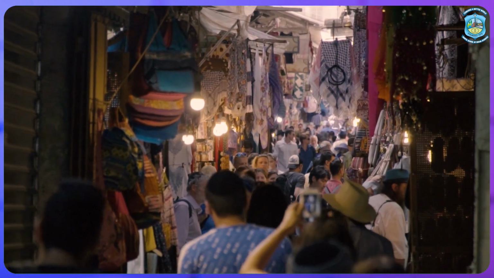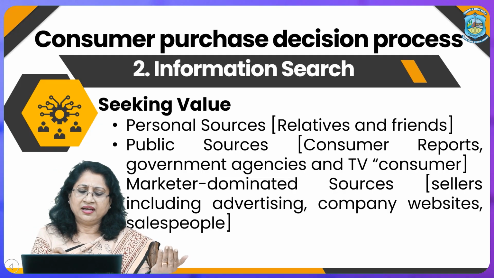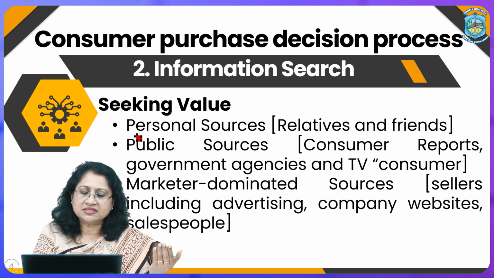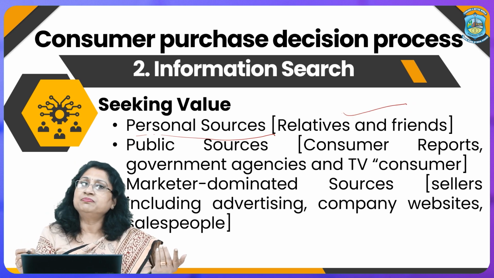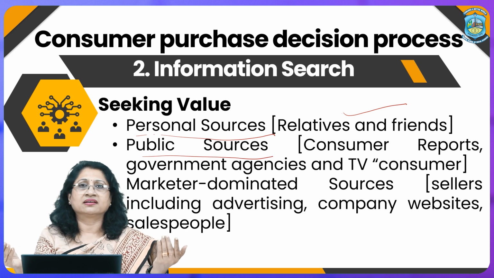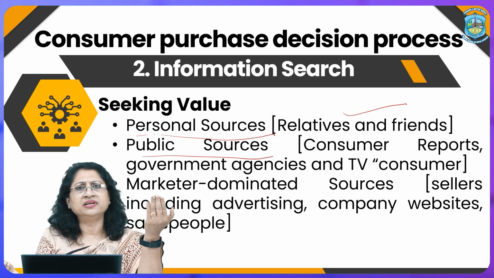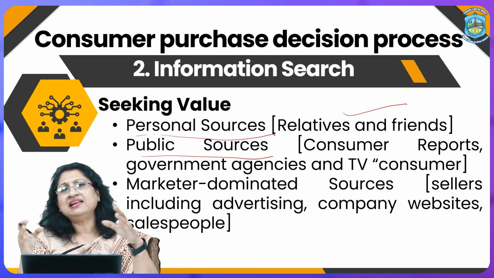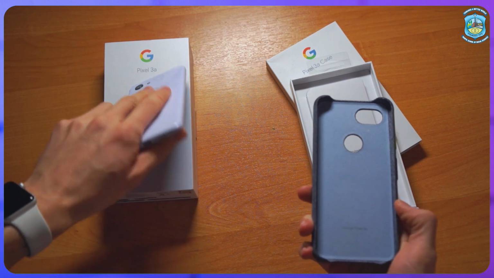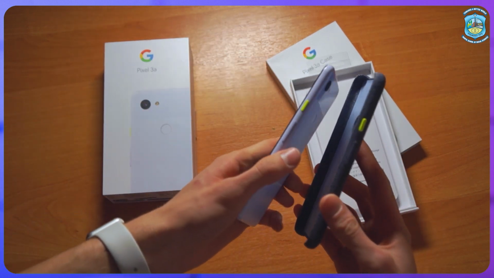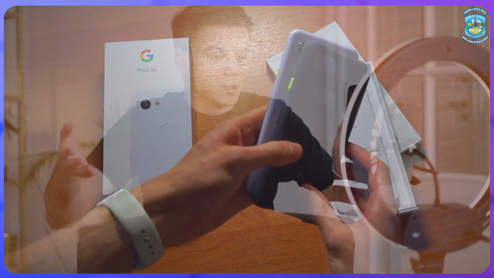What are the various sources through which we do this search? It could be personal sources, as I have already said, where I make use of my relatives and friends. It could be public sources like consumer reports and government agencies. And what is more important, in layman's language, all that I do is search for reviews, what a consumer who has already purchased that particular product says about it.